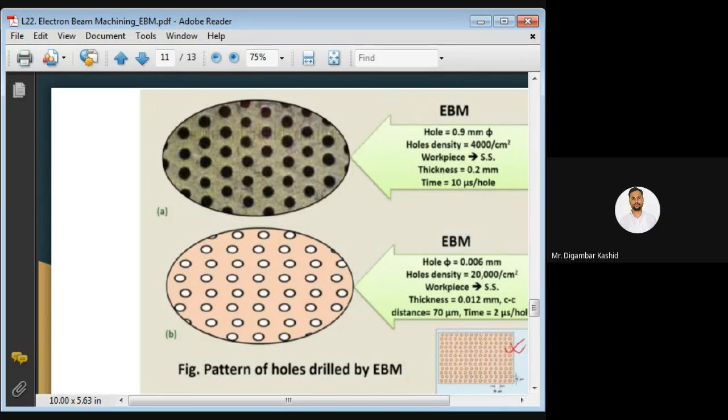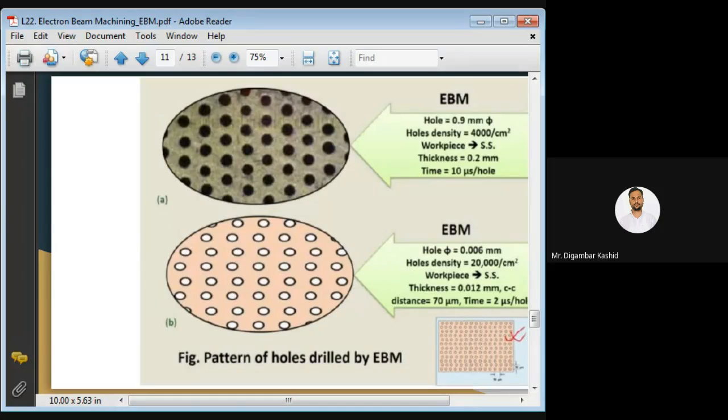So here again you can see another pattern. Very small diameter holes around 6 micron are generated by this electron beam machining. Here hole density is 20,000 holes per centimeter square on stainless steel workpiece material of thickness 0.012 mm and distance 70 micron, and the time is 2 microseconds per hole.